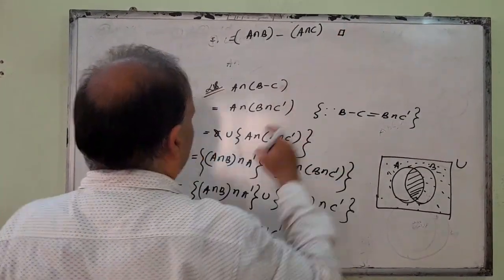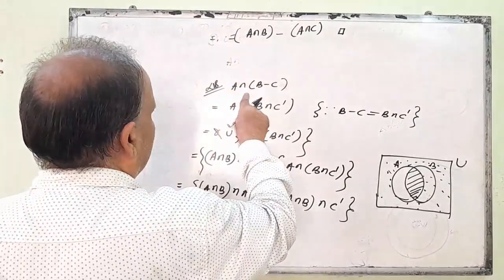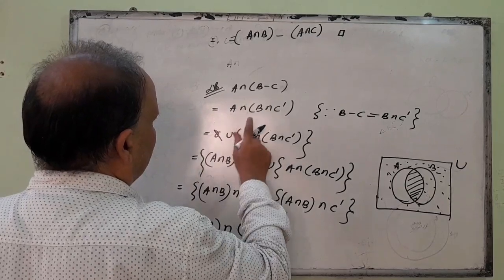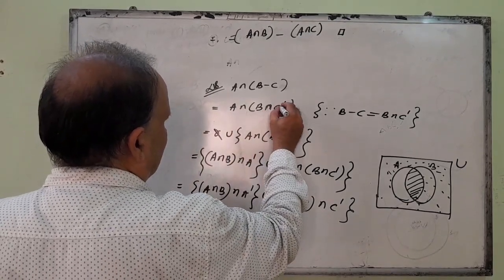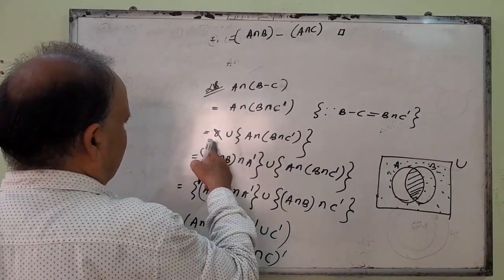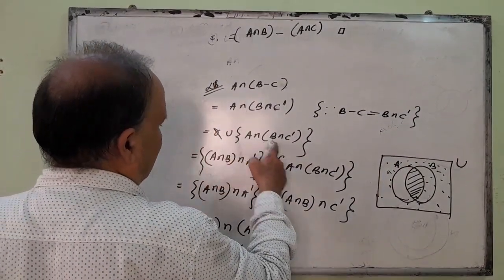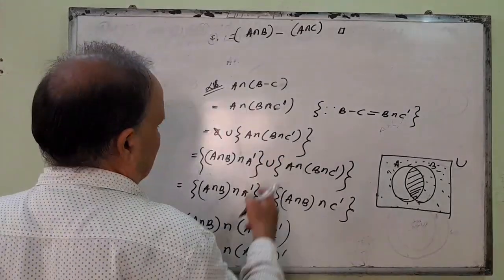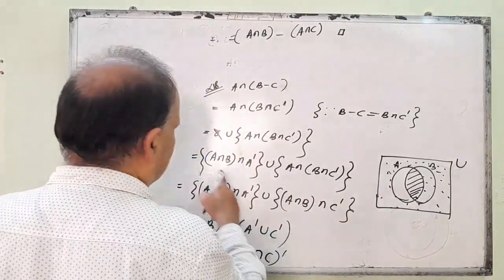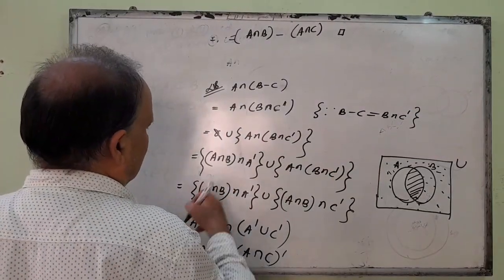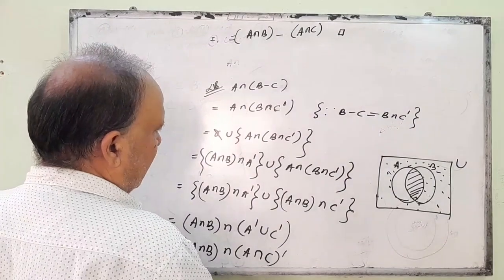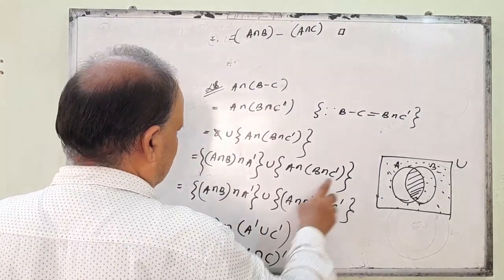Your proof is over. Again I am telling you, A intersection (B minus C) is equal to A intersection B intersection C dash due to this property. That is, you can write phi union A intersection B intersection C dash. In place of phi I will write, from that diagram, A intersection B intersection A dash, union A intersection B intersection C dash.